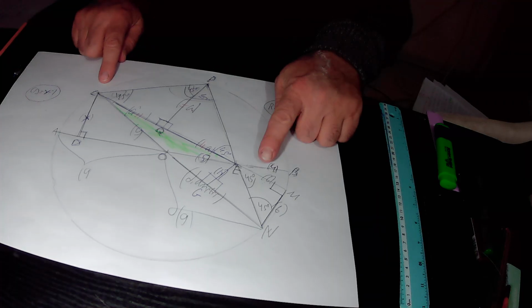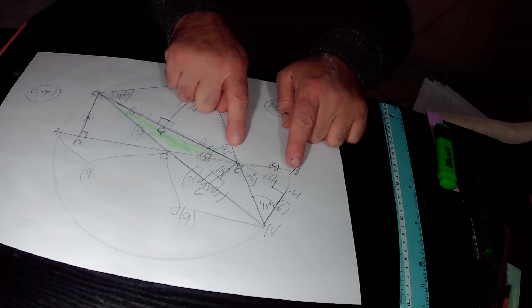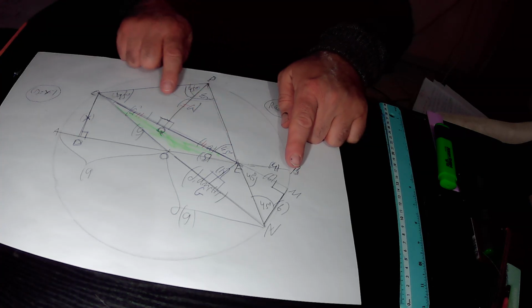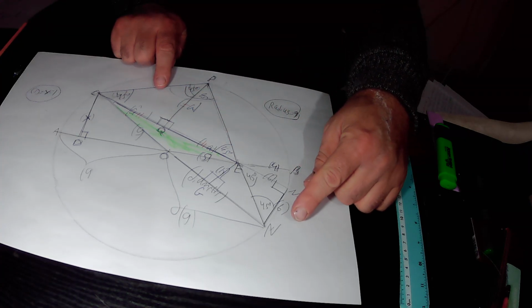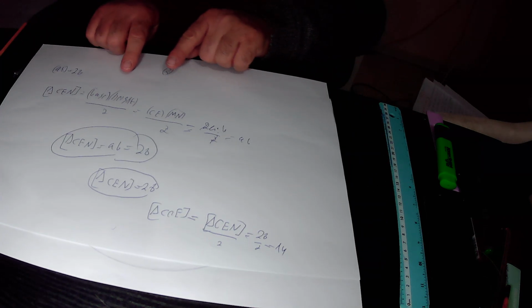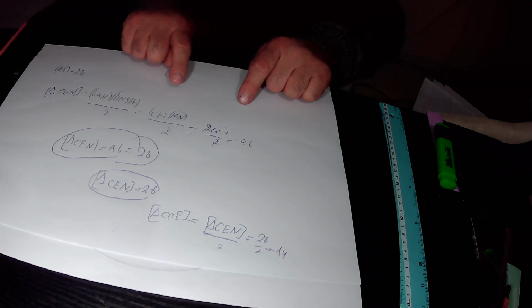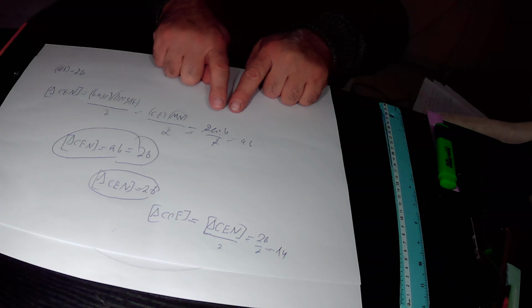CE equals A plus A, that is 2A, and the height MN is B over 2. So here we have 2 in the denominator, so the 2 will get cancelled, and we are left only with AB.